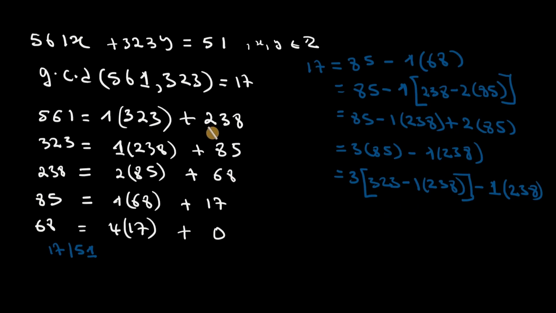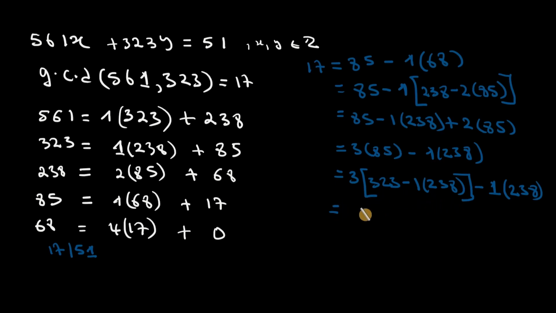Now 238 is equal to 561 minus 1 into 323. But I'm having two 238s. I'm having 238 in two places here, so I need to make sure that I have 238 in one place. To do this, I need to expand and then simplify.